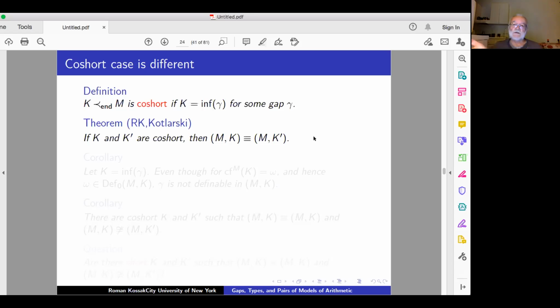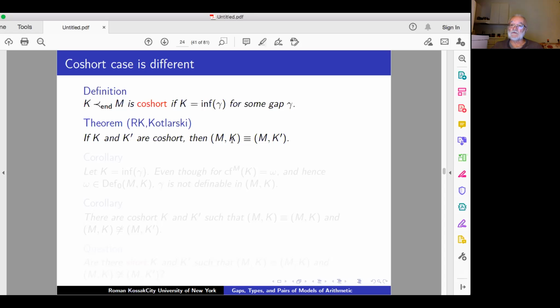So when you look to the other end, they all realize the same theory. The least gap above K can contain all kinds of elements, all those different gaps that contain different elements. This is about your question, Atara. This is the case where the cofinality of K is omega.